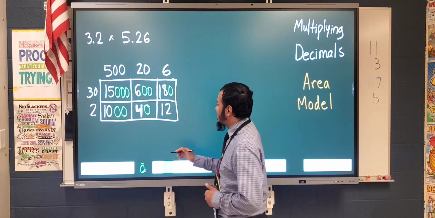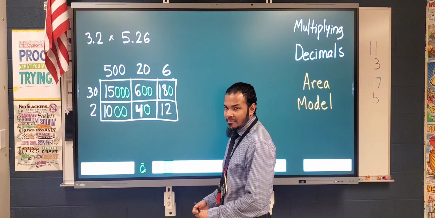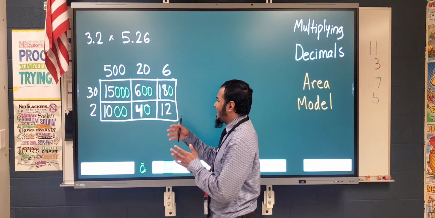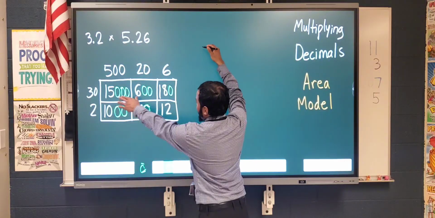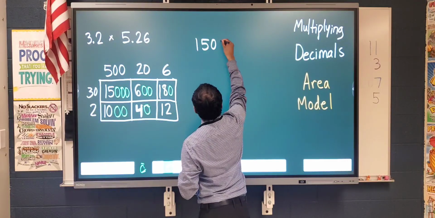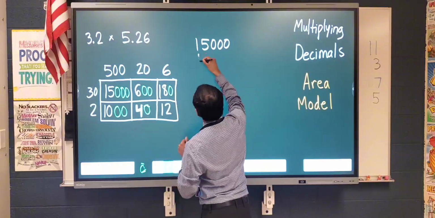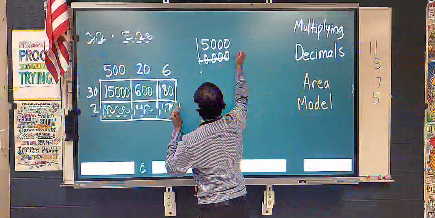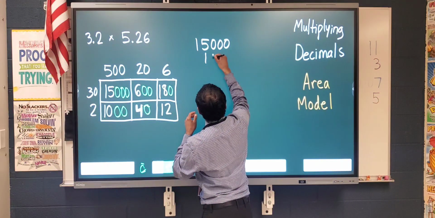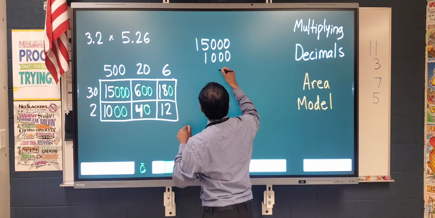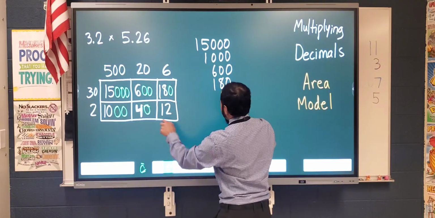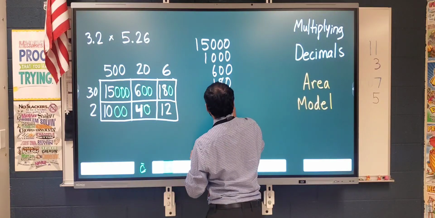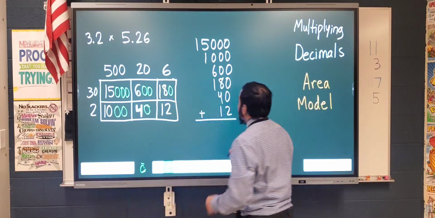Once you do this, you can just add all the numbers up. When you're adding them up, you can line up the biggest numbers to the smallest numbers. So I'm going to rewrite the biggest number, which is 15,000. Then 1,000, then 1,000, then 600, then 180, then 40, and then 12.